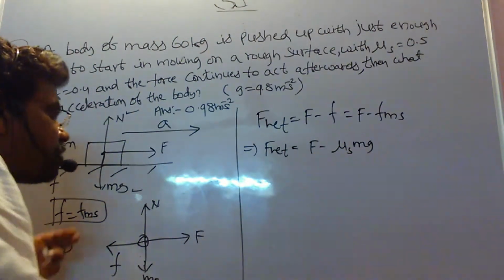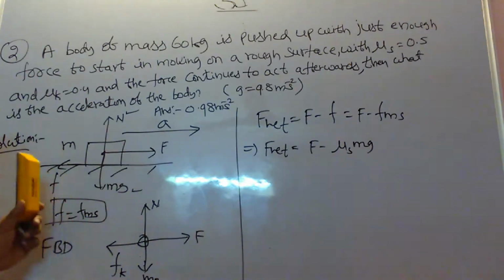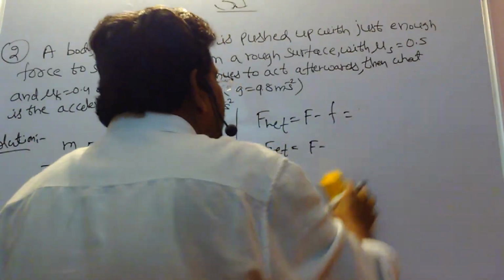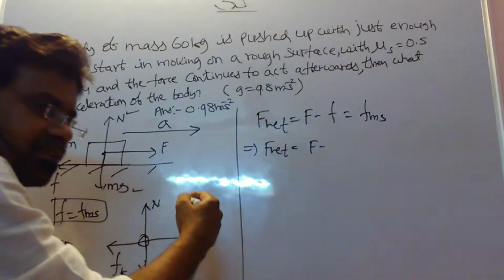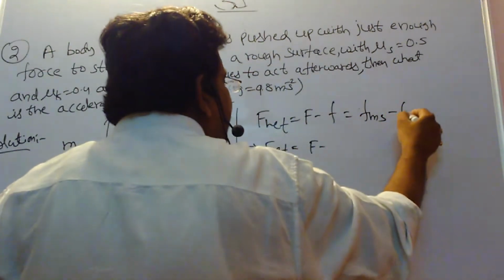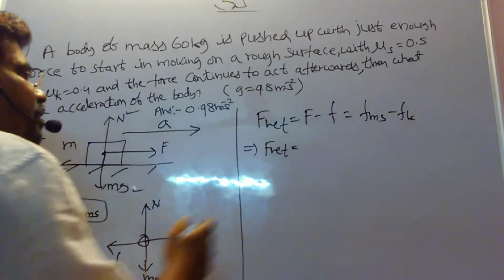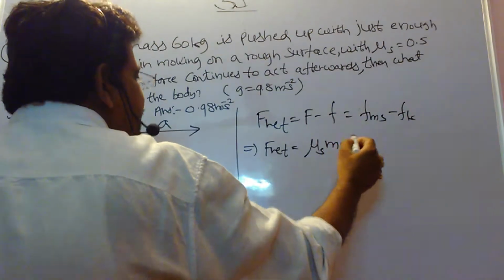So only if the applied force is slightly more than mu s into mg does the system move. When it is moving, some friction force is generated, which is called kinetic frictional force. Initially F equals FMS only, with slightly more than that applied. When the system is moving, kinetic friction force is generated, so take this as Fk. FMS equals mu s into normal reaction, and normal reaction equals mg.